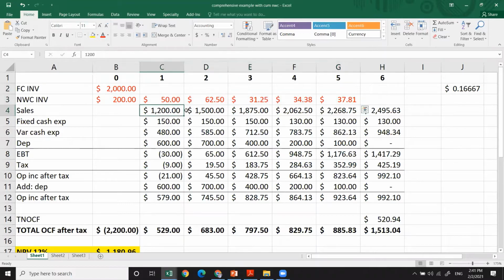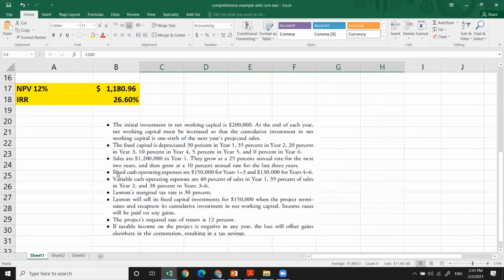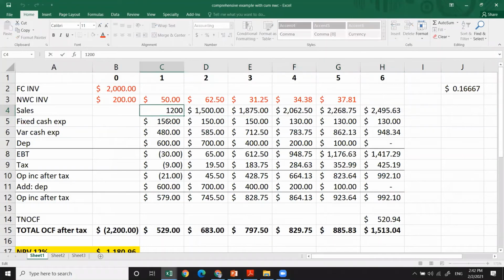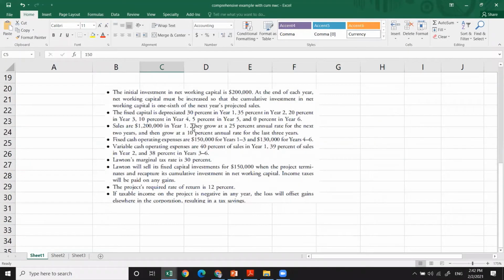But the sales are estimated in the following way. It says directly here that sales are 1,200,000 in year 1. They grow at 25% annually for the next 2 years, and they grow at 10% annual rate for the last 3 years.